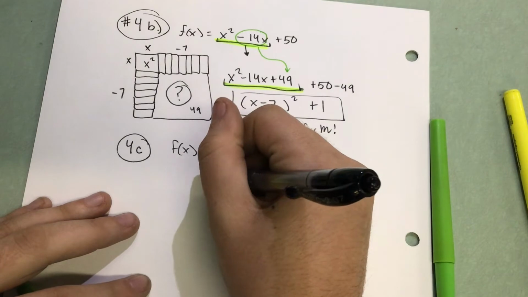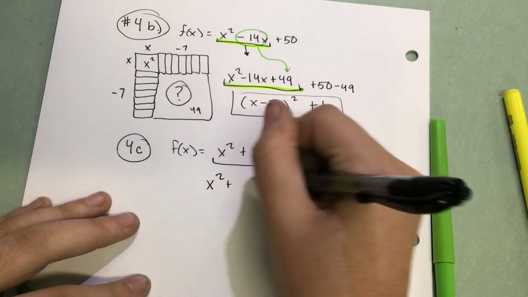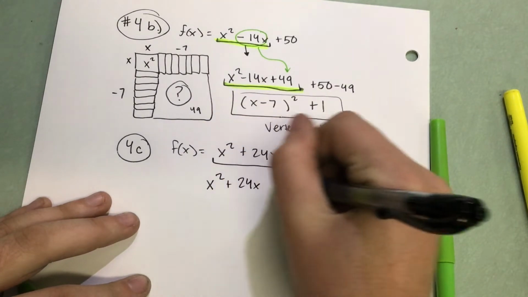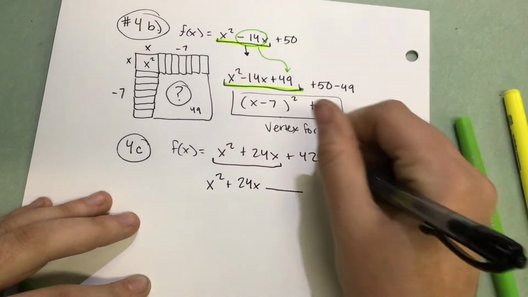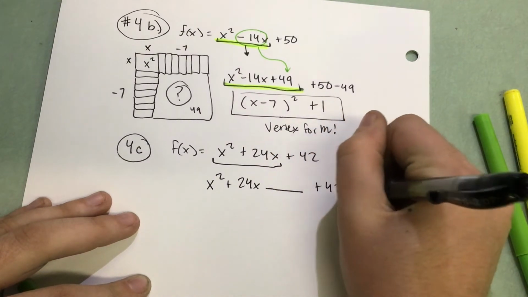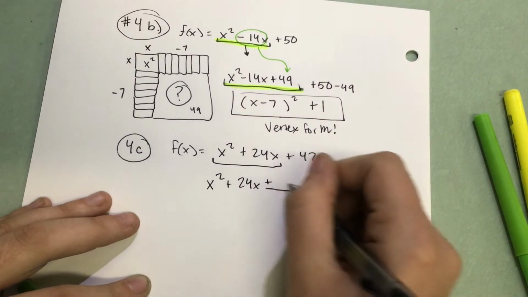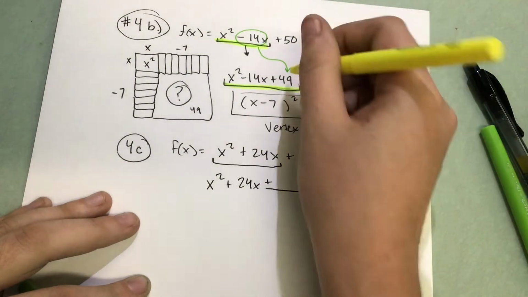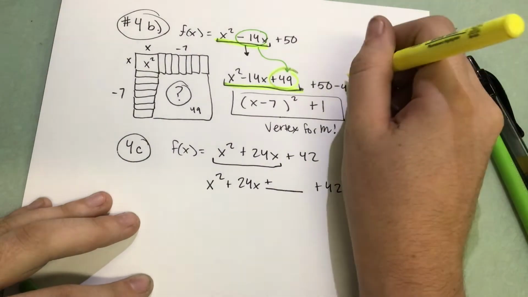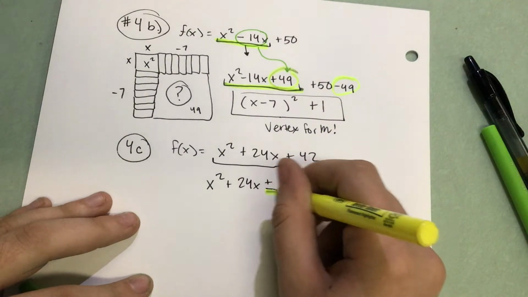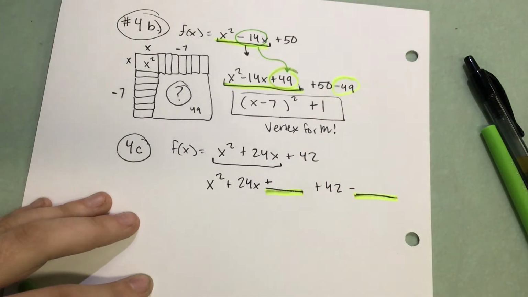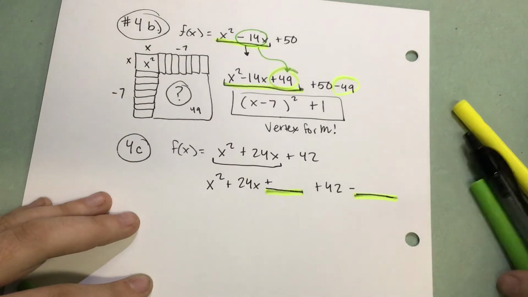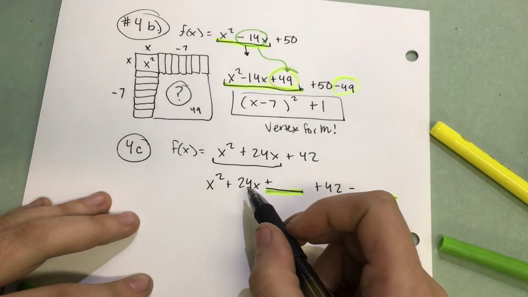So I'm going to have x squared plus 24x. I'm going to put something in there. I'm not going to touch the 42. But whatever I add to this equation, I'm going to have to minus it over here as well. So this 49 that we had was also minused on this side. So whatever we put here, we have to minus it on the other side to keep my equation balanced. Okay, half of 24, and then we're going to square it.